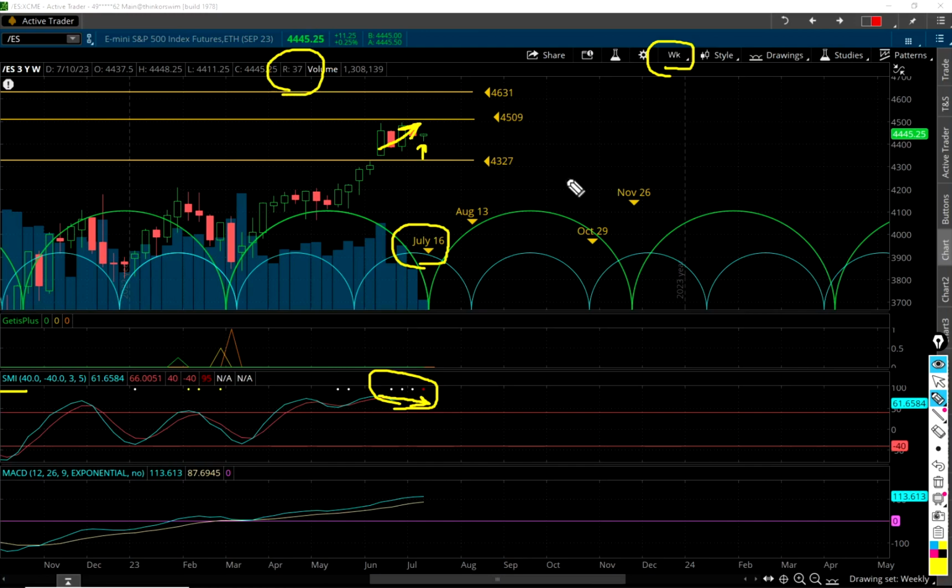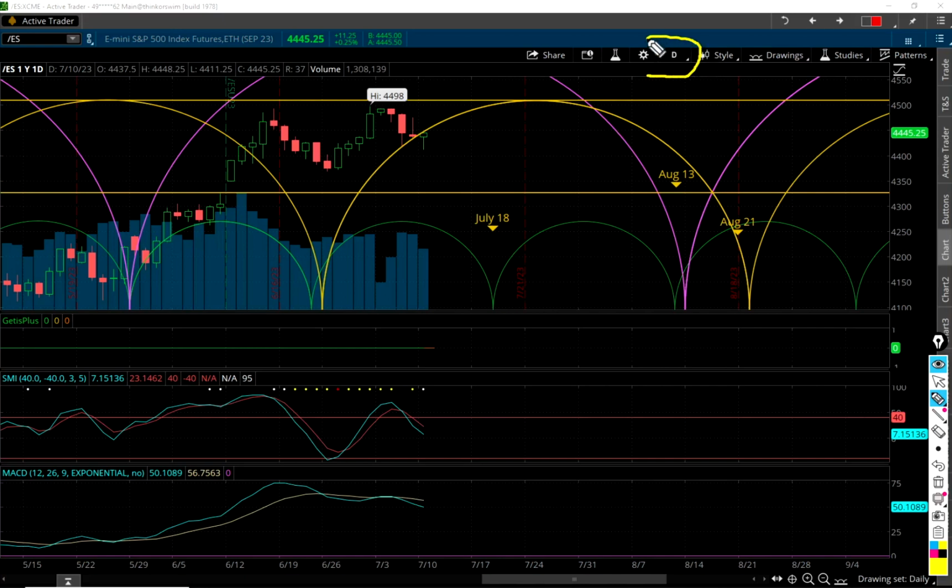All right, let's take a look at the daily chart. So this is the daily chart, and let's see, 1, 2, 3, 3 down days. This one was barely an up day, opened at 4437 and closed at 4445. So, it closed up about 8 points maybe from where it opened.